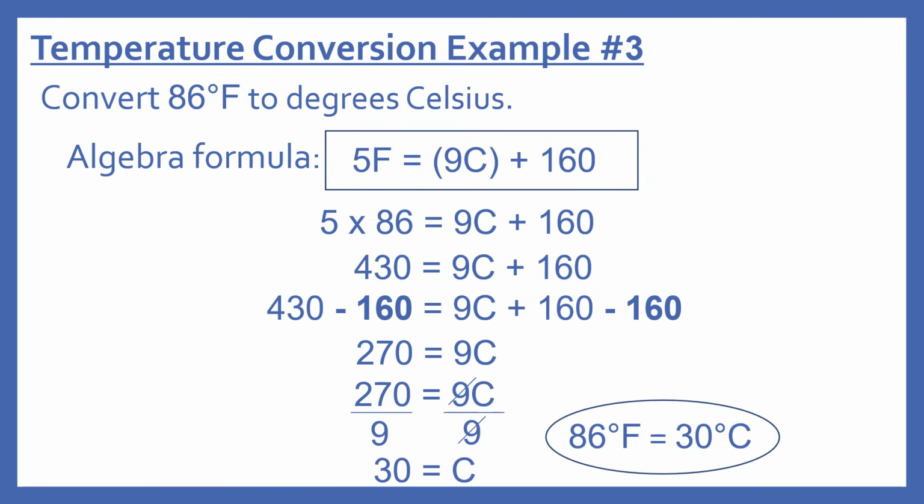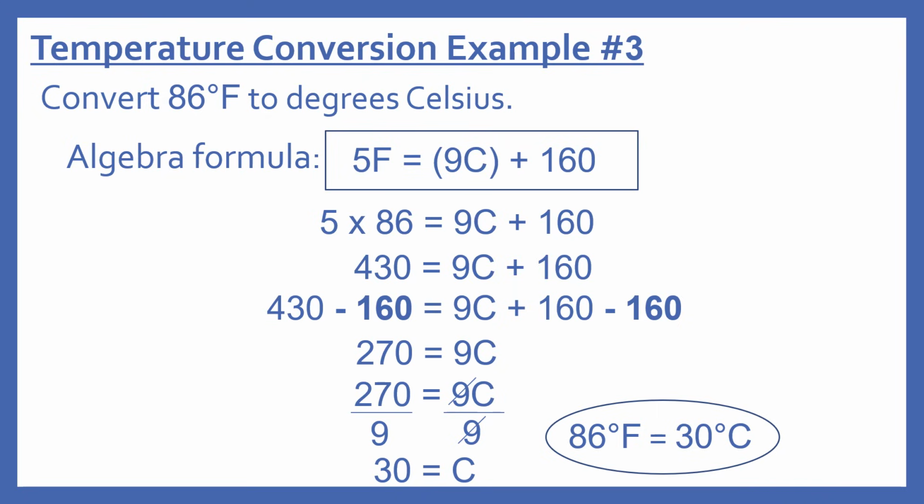Remember in algebra, what we do to one side, we have to do to the other. We're trying to get our C by itself. First we have to subtract 160 off of each side. So 430 minus 160 equals 270 equals 9C.